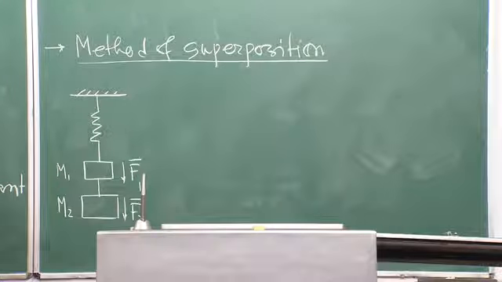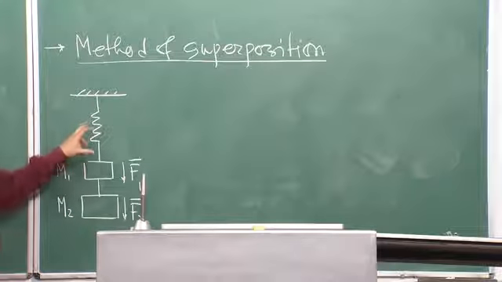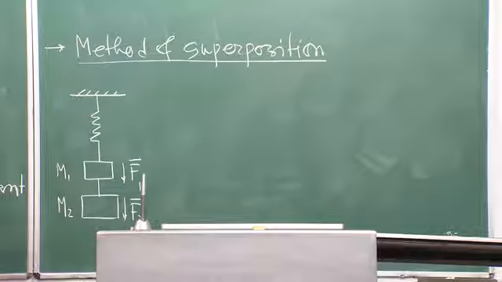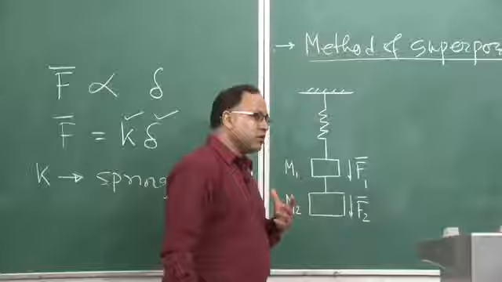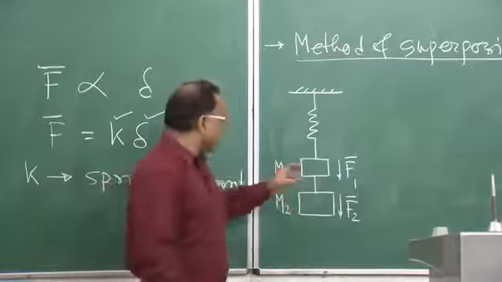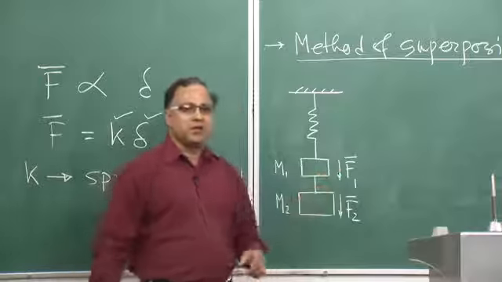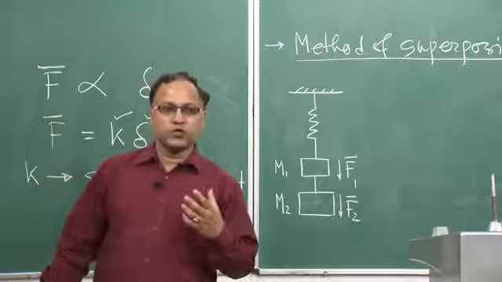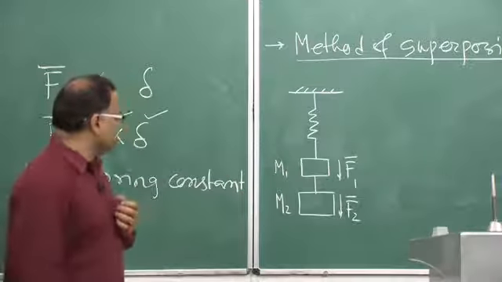Okay, so try to understand the mechanical system. I have one spring attached with two different masses, mass M1 and mass M2, which are imparting forces F1 and F2 on the system.